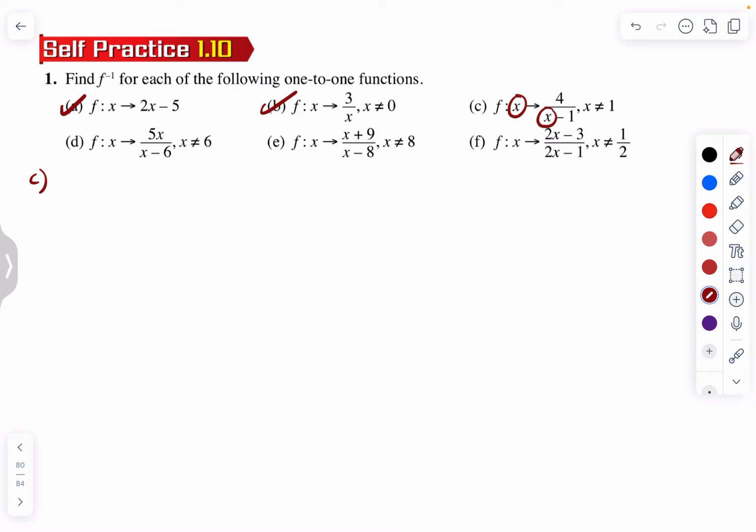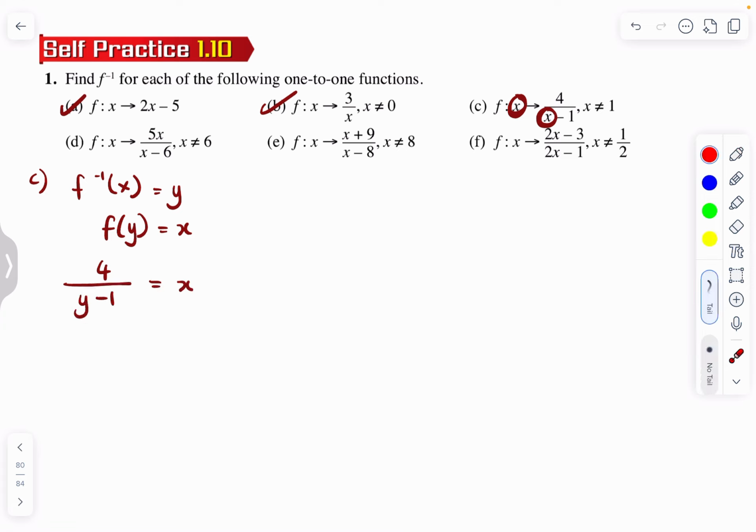f of x is 4 over (x minus 1). First we write this one first. f of y equals x. So if f of x is 4 over (x minus 1), f of y would be 4 over (y minus 1). So 4 over (y minus 1) equals x. Then to make y the subject, we swap these two.